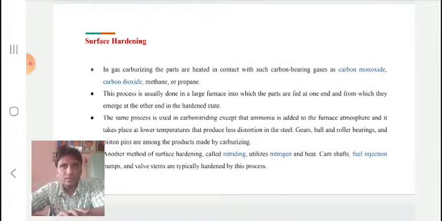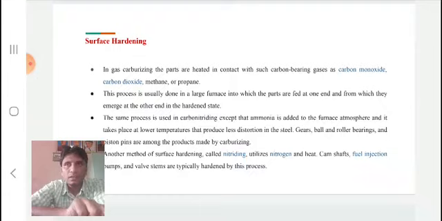Another method of surface hardening, called nitriding, utilizes nitrogen and heat.